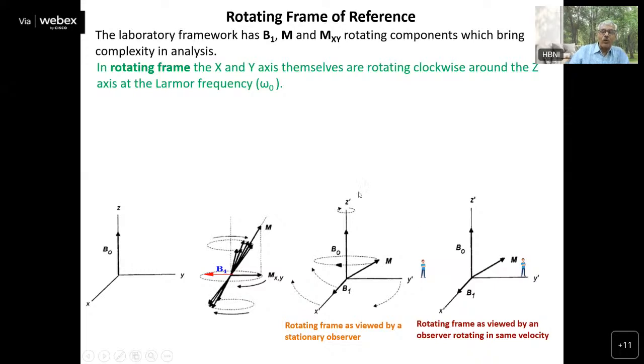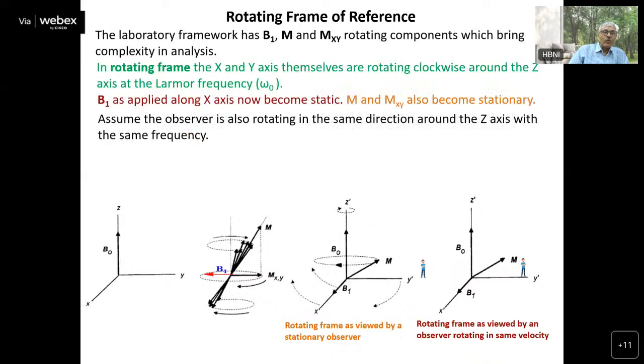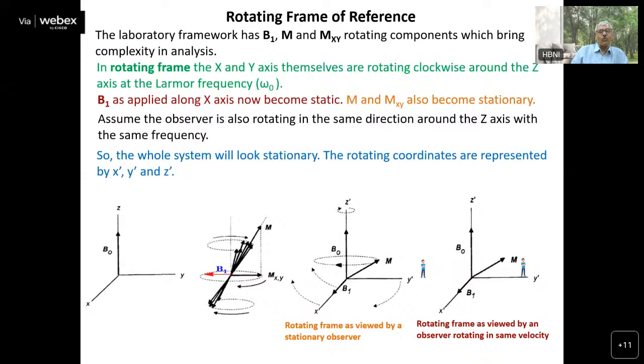But for an outside observer, you will see the whole system rotating. Now suppose the observer is also rotating at the same frequency, say taking a position along the y-axis. Then the whole system looks stationary, and the rotating coordinates are now represented by X prime, Y prime, and Z prime.